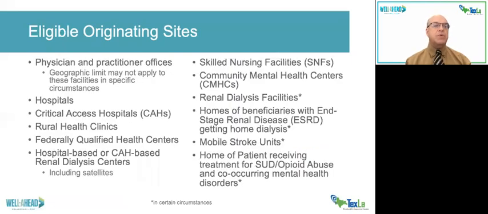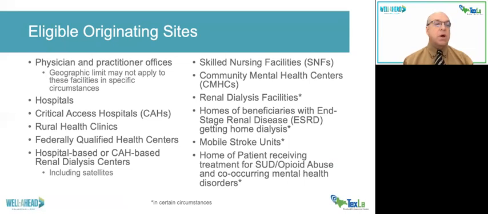So eligible originating sites included a physician and practitioner office. You had to be geographically limited, and it would not apply to all facilities. You had to be specifically in one of those areas that I was describing before.